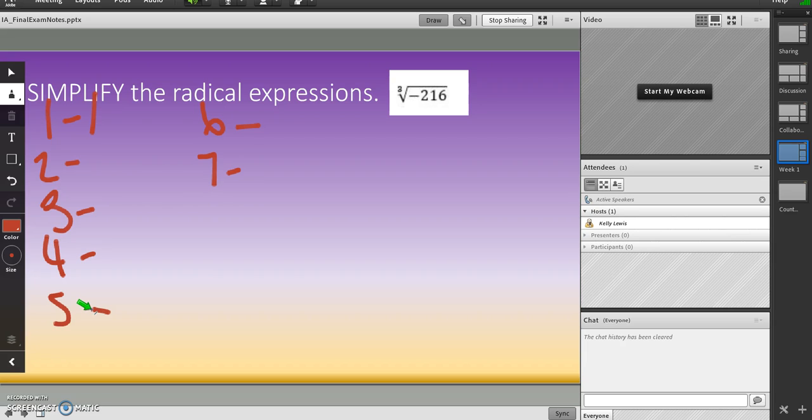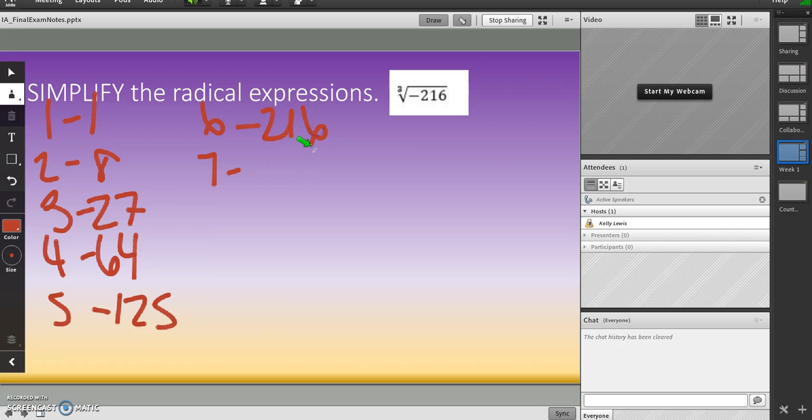All right, so 2 to the 3 is 8. 3 to the 3 is 27. 4 to the 3 is 64. 5 to the 3 is 125. 6 to the 3 is 216. 7 to the 3 is 343. Oh, 216. Hello. That's what we wanted.